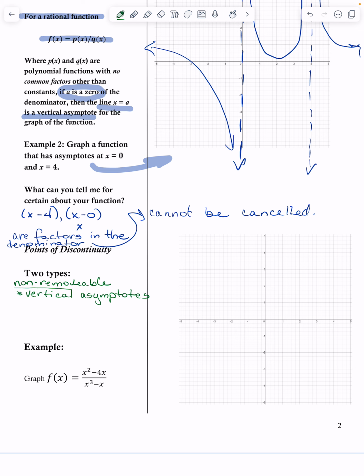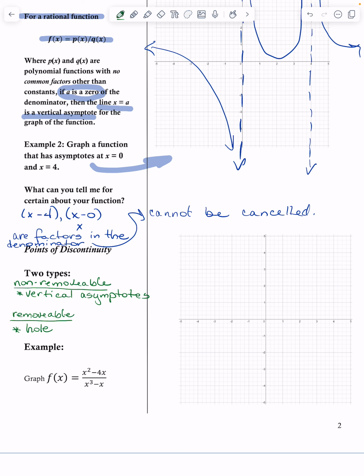We also have a removable, which we're going to look at here in a minute. And that's going to give us a hole. Okay? So there's going to be a hole in the graph.